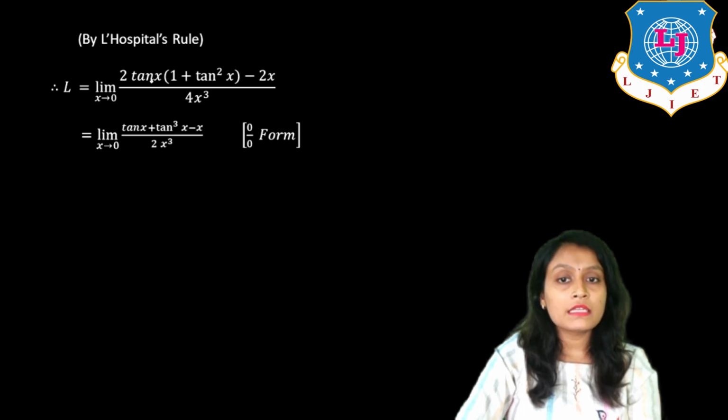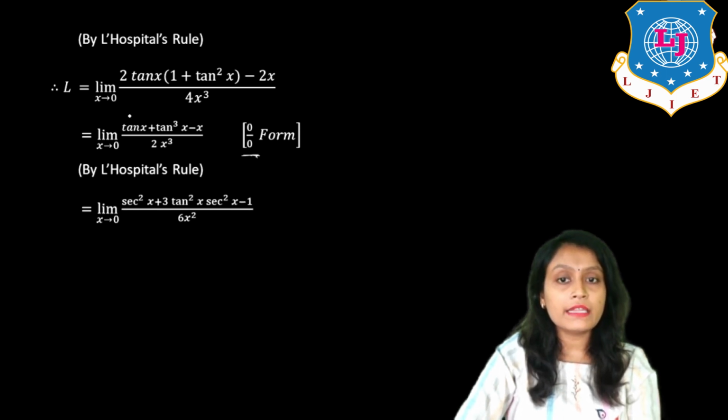Now multiply this tan x inside, take 2 common and cancel with this 4. So you will get tan x plus tan cube x minus x upon 2x cube. If you substitute x is equal to 0, you will get this form 0 by 0. Now we have to apply L'Hôpital's rule, right?